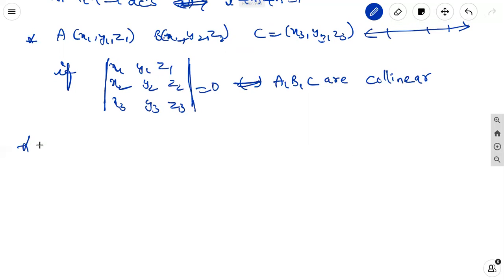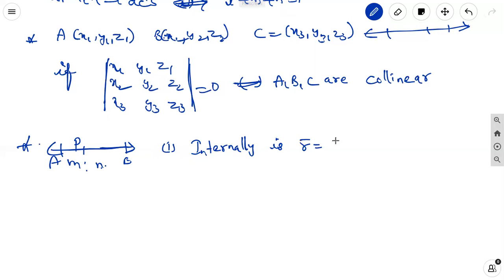The next point: P is a point dividing the line AB. If P vector is the position vector dividing the line AB in the ratio M and N, then if it divides internally, the vector is (M B vector plus N A vector) by (M plus N).